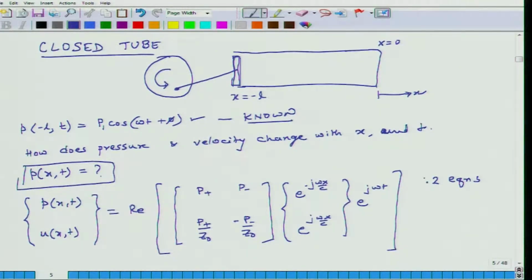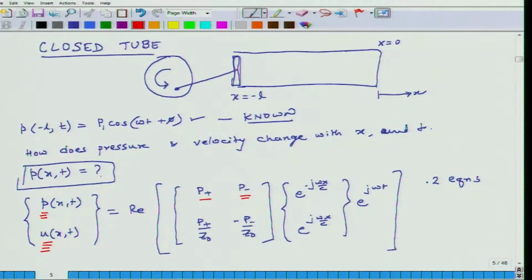okay, and the number of unknowns. Let us see what are the things which we do not know. We do not know p plus, we do not know p minus, and we also do not know this function p of x and t, and we also do not know u.